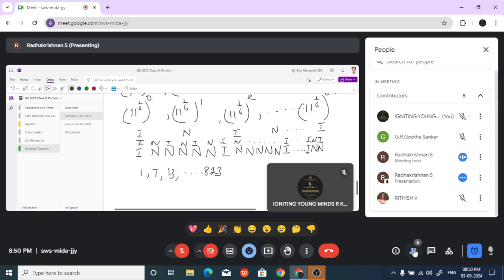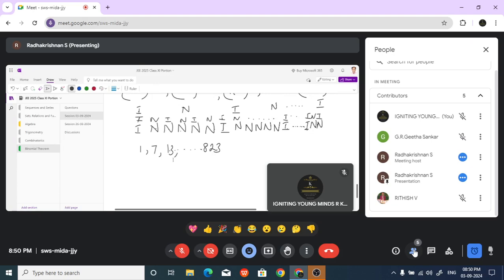So what is the common difference now? What is D in the series? What is A? What is D? A is the first term, right? 1. And the common difference is? 6. So A equal to 1 and D equal to 6 is the common difference, and Tn equal to 823.